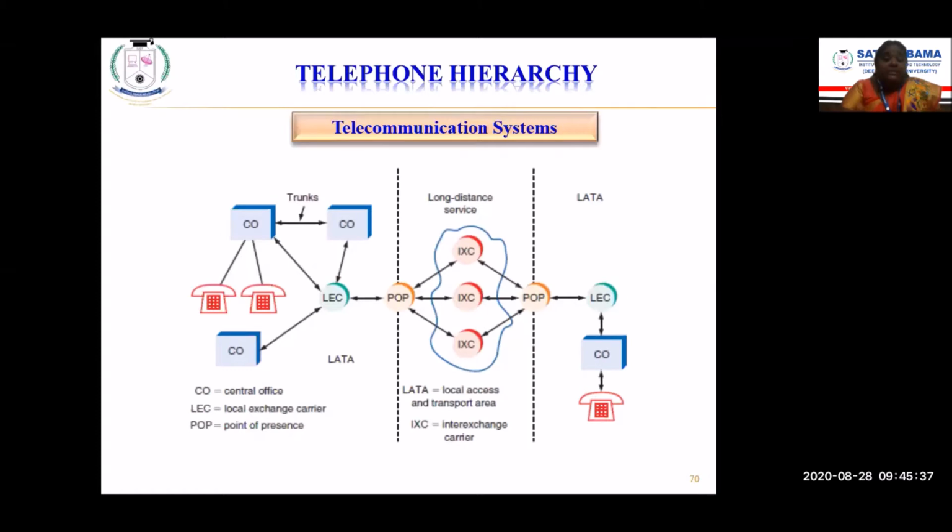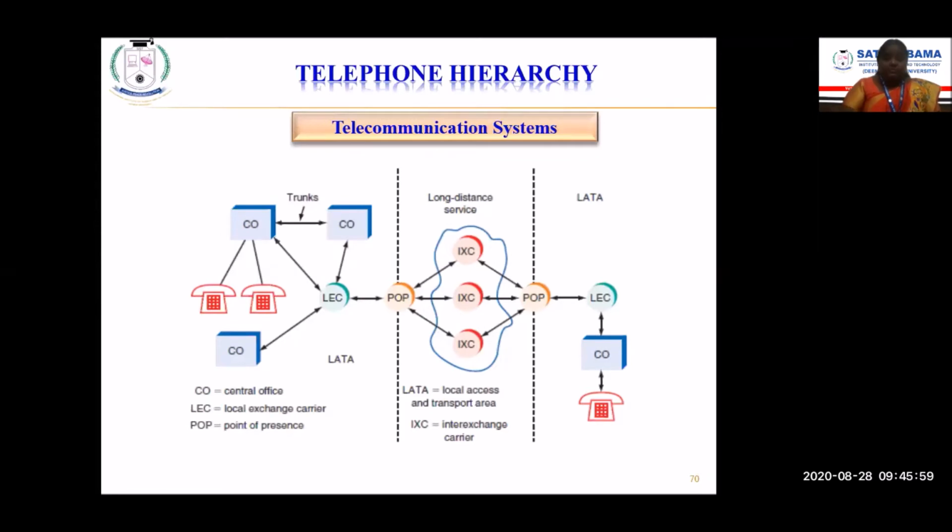Okay, so that is how the numbering is done for the different telephone services provided by the central offices and the longer distance communications by means of local access transport area. So what do you mean by LATA? LATA means the local access and transport area, and POP is point of presence.